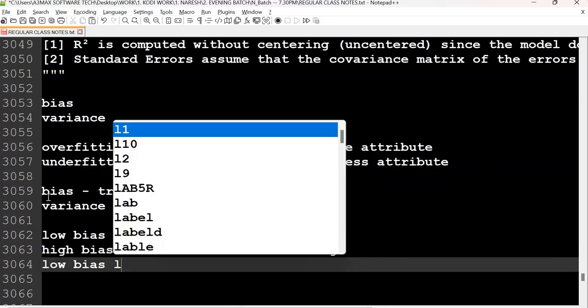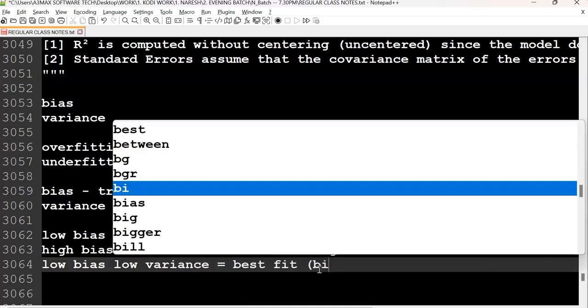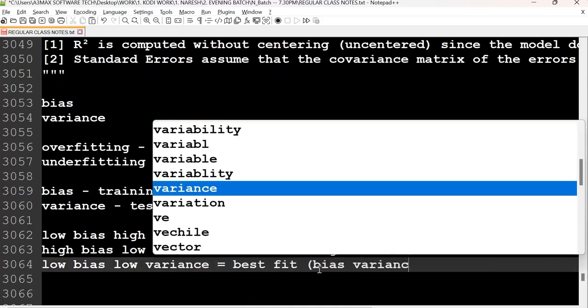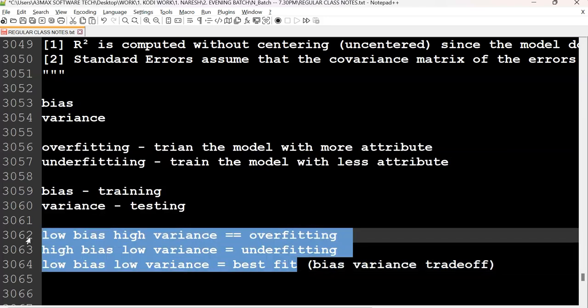Low bias and low variance is called best fit model. This concept is called bias variance trade-off. In an interview, if you encounter this question, please speak these 3 sentences.